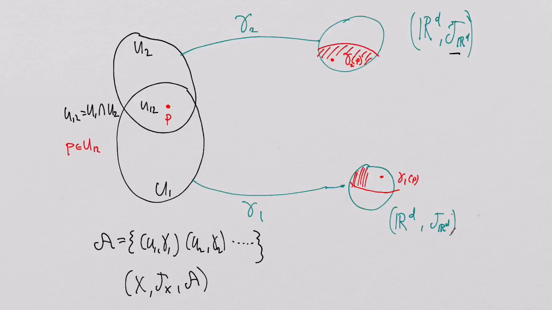Likewise, every point of U12 will be mapped to the image of region U12 under the mapping of U1. Now, if U12, I'm going to cross-hatch it in red here, notice that U12 here is a simply connected space.